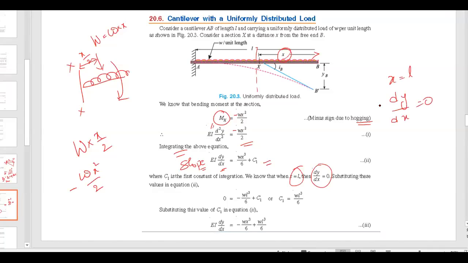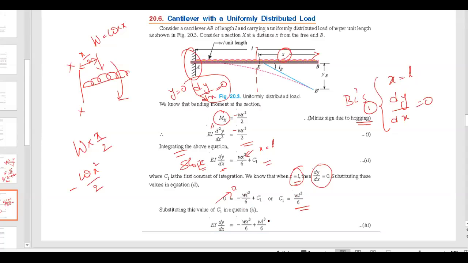That is the first boundary condition, that is nothing but at the fixed end the slope is equal to 0 and deflection is equal to 0. So I'm considering the slope equation. Therefore substituting dy by dx is equal to 0 and x is equal to L, I will get minus w L cube by 6 plus C1, where C1 is equal to positive w L cube by 6.